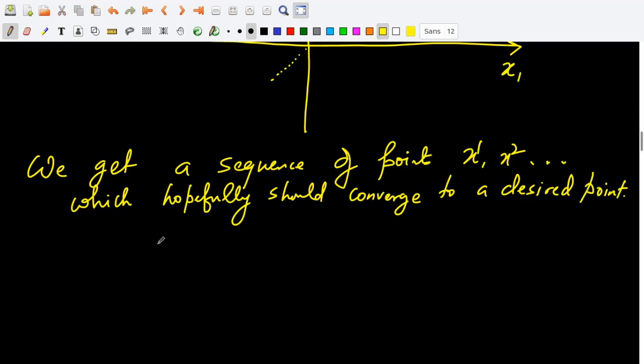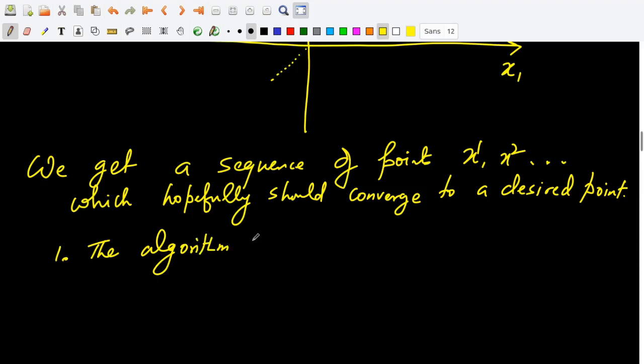So like all algorithms, there are two sort of desirable properties of an algorithm. Number one is the algorithm should be correct.